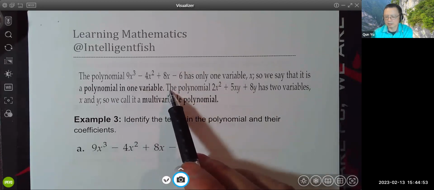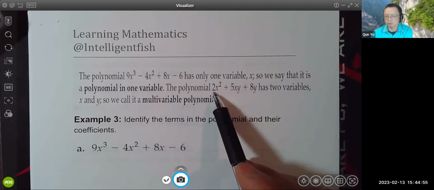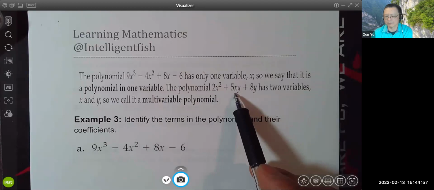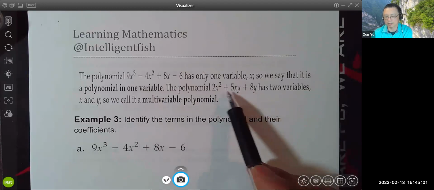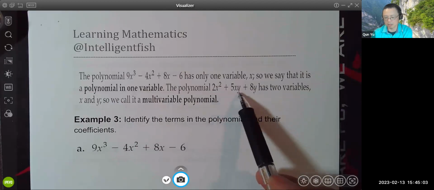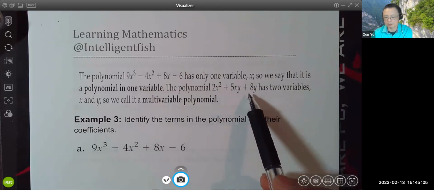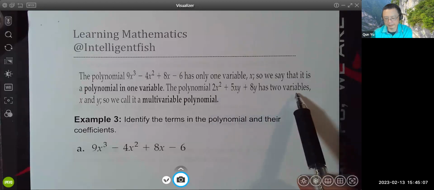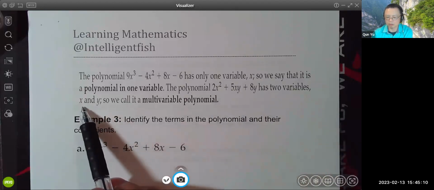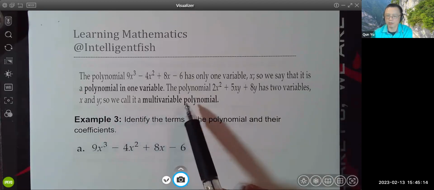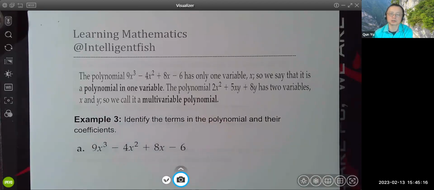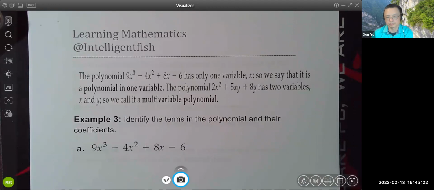Now, as comparison, the next one, 2x squared plus 5xy plus 8y, is also a polynomial because each unit is a monomial, but they have 2 variables in it. So whenever you have more than one variable in the polynomial, we call it a multivariable polynomial, no matter if it's 2, 3, 4, or many.